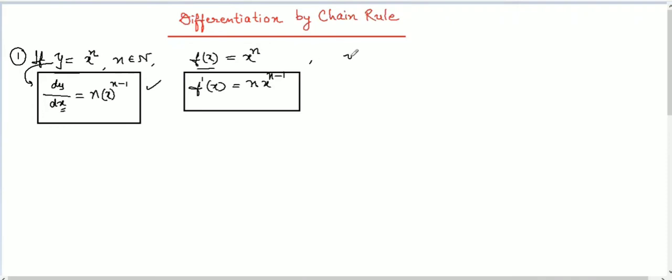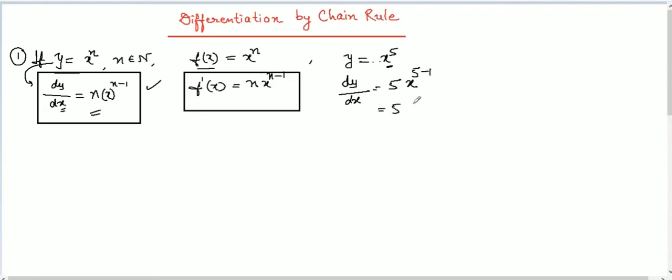So if y equal to x to the power 5 is given, how to differentiate? Follow this rule. Write dy over dx, since we are differentiating with respect to x because the function is in x. Bring down the power in front of x, 5x, and then the power will be 5 minus 1.